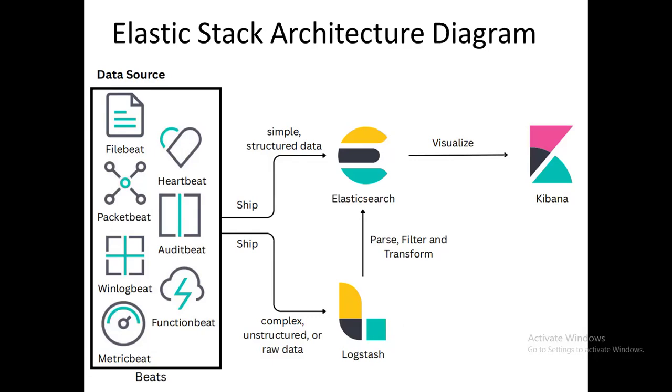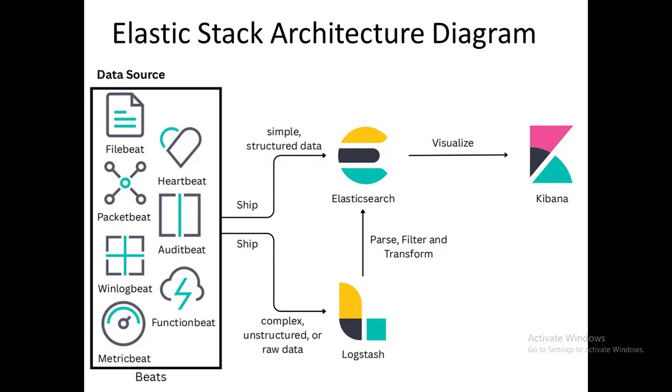Okay. So let's understand one by one. First of all, let's check data source and Beats, Filebeat and so on. Beats collects and ships data from various sources. Simple structured data is sent directly to Elasticsearch. As you can see here, it's a ship, simple structured data that is sent directly to Elasticsearch.